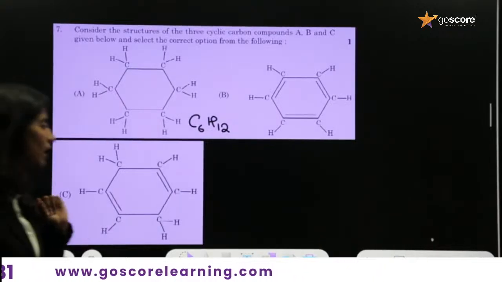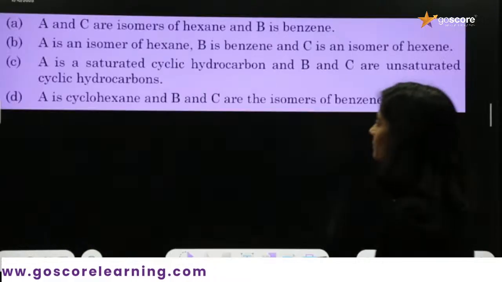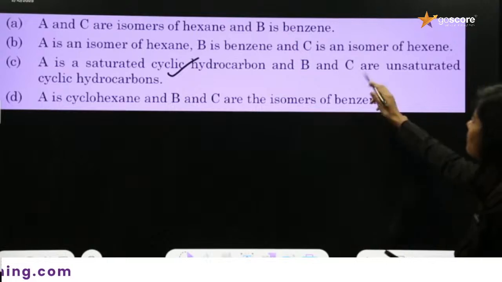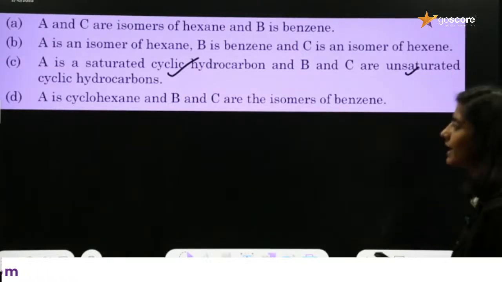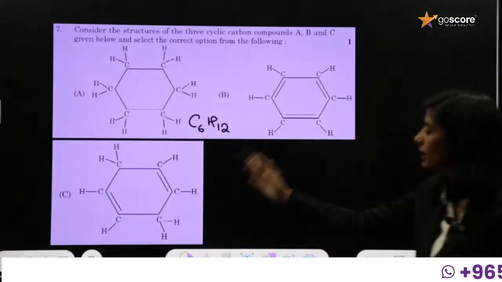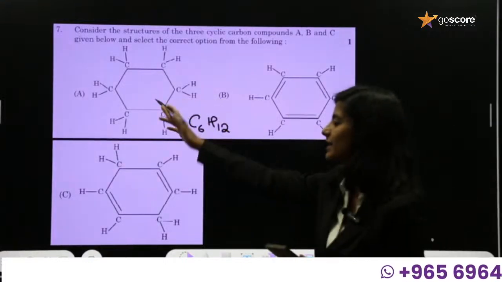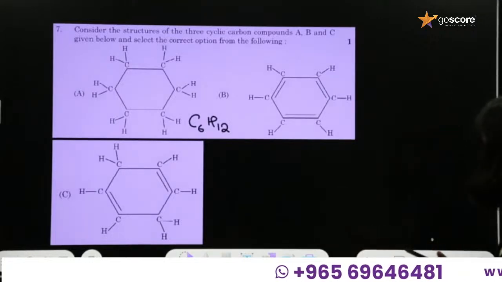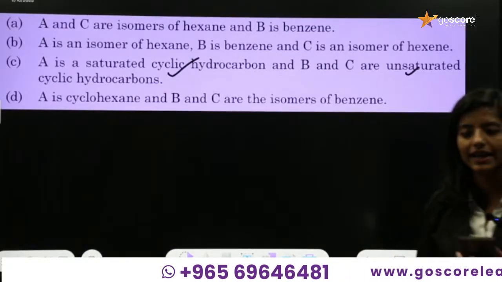The correct option will definitely be A is a saturated cyclic hydrocarbon, B and C are unsaturated cyclic hydrocarbons, because both of them have double bonds. That gives you option C.